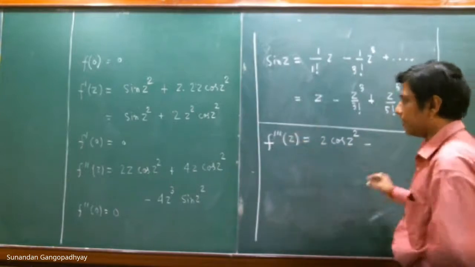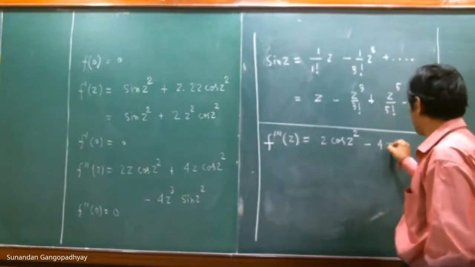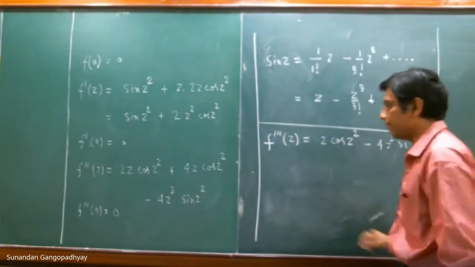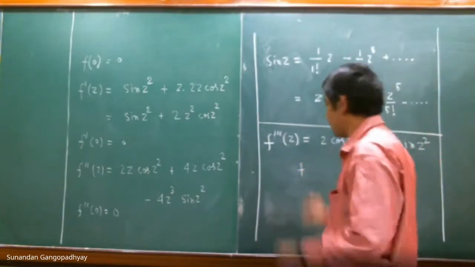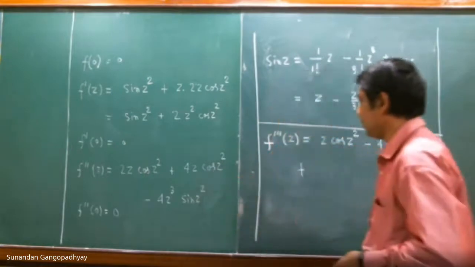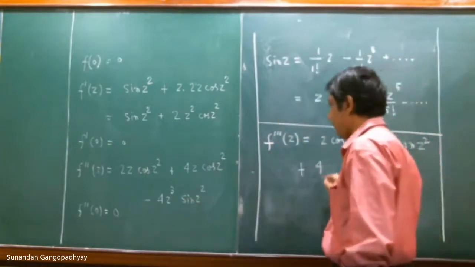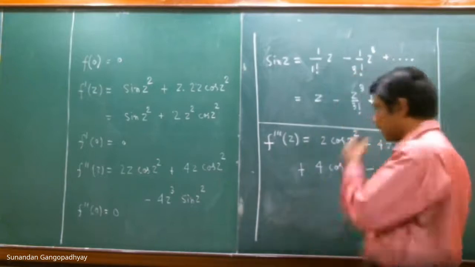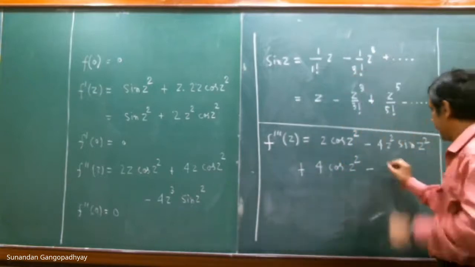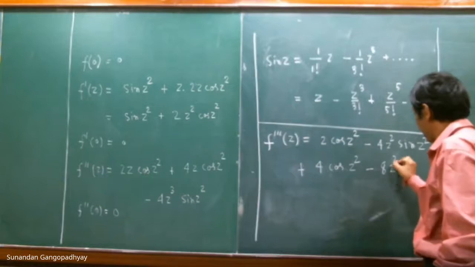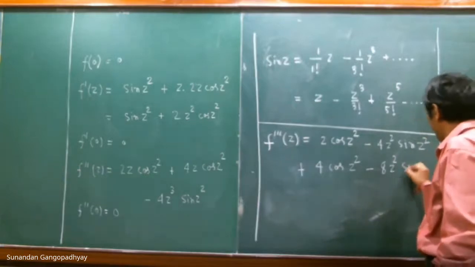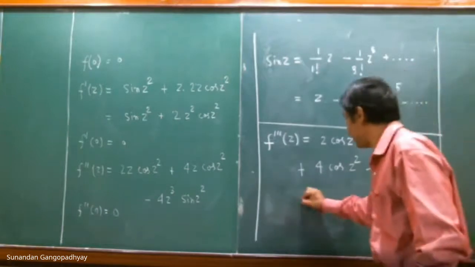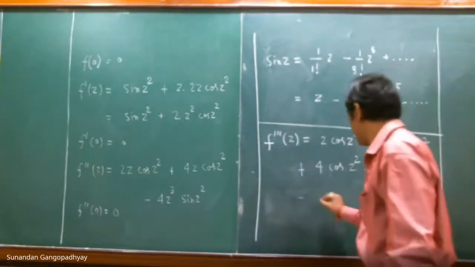Now this will give us 4 z square sine of z square, plus this will give us 4 cosine of z square minus 8 z square sine of z square, and so on.